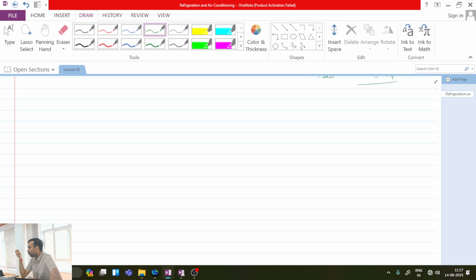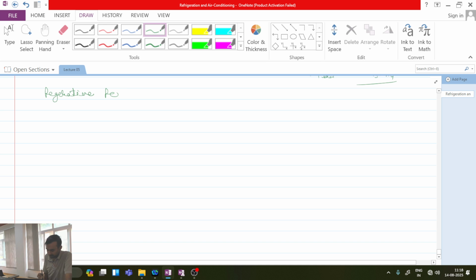Okay, so to avoid this issue, one another variant of refrigeration cycle is proposed so that the COP does not become 0 for any arbitrary pressure ratio. So that variant is called as regenerative reverse Brayton cycle.